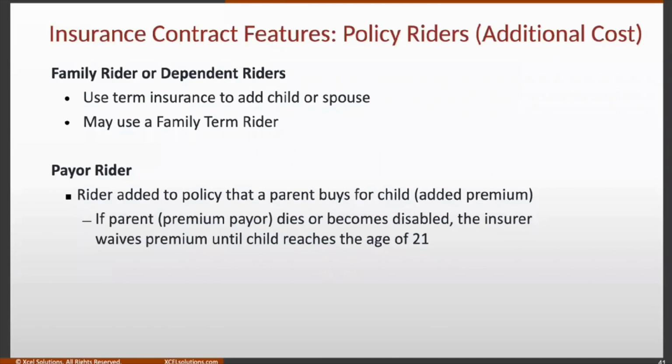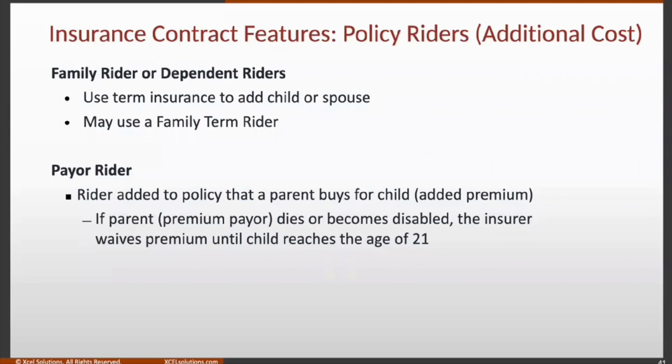So then we would break it out and say, we will add dependent riders on that whole life insurance policy issued on the major breadwinner's life. We'll put a spousal rider on there to cover the opposite spouse for a certain amount of coverage. And we will put a children's term rider on that very same policy to cover the children for a lesser amount than what the spouse is covered for.